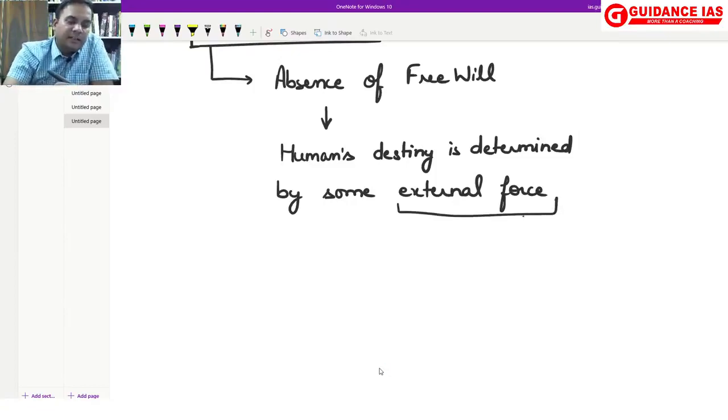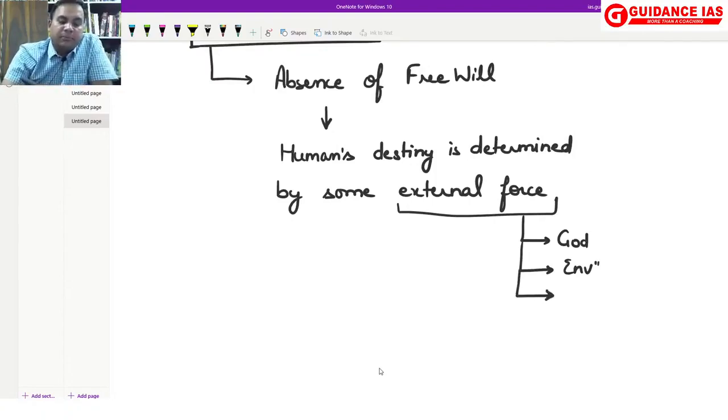Okay, you can understand this external force can be many things, like we have seen these external forces can be God. This external force can be, as we have seen, environment. This external force can also be other things like parameters of environment. If you remember, climate we saw.